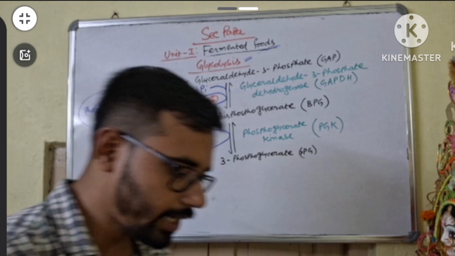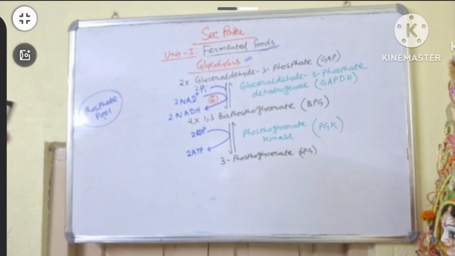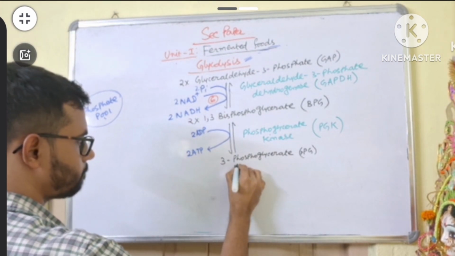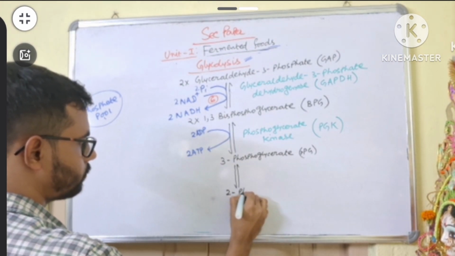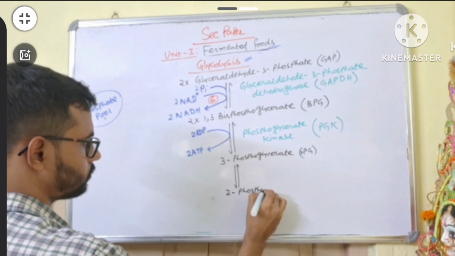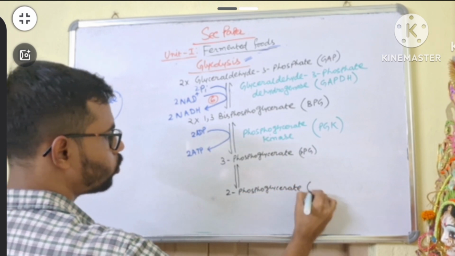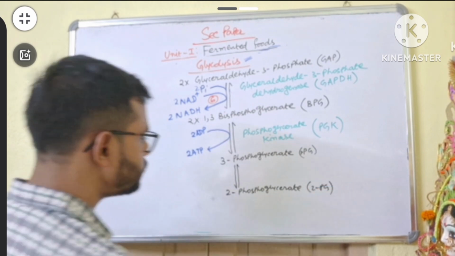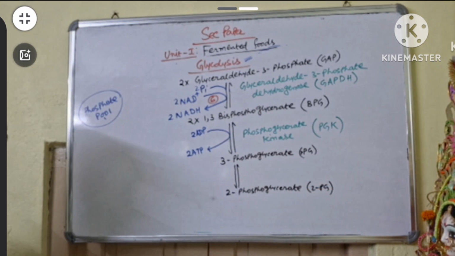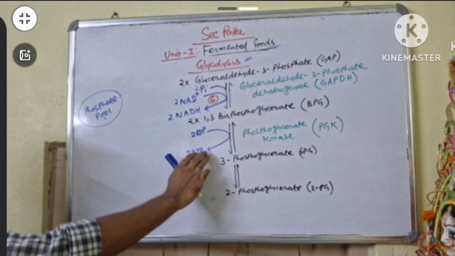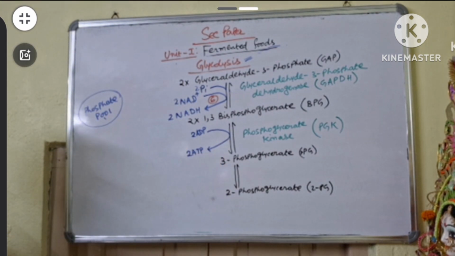From 3-phosphoglycerate, it converts to 2-phosphoglycerate, 2PG. It just changes the carbon number of the phosphate from 3 to 2.